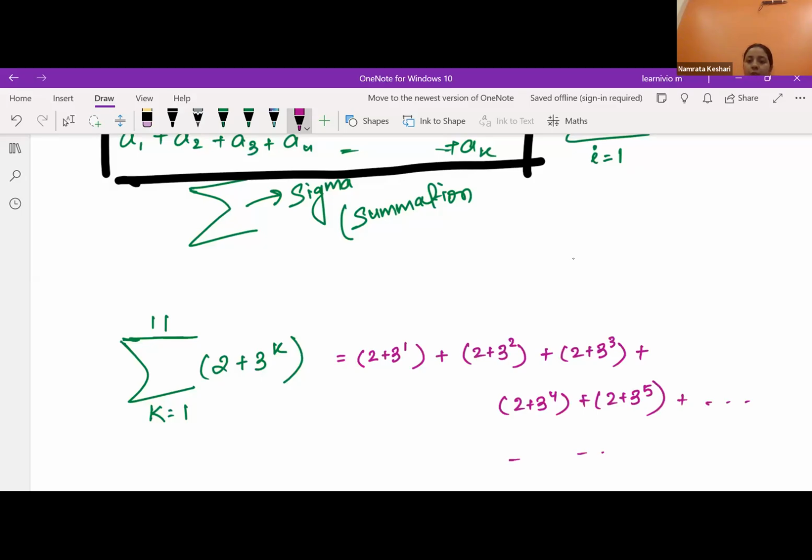Up to 2 plus 3 to the power 11. Here our k is ranging from 1 to 11, and each time you have to write the complete thing.